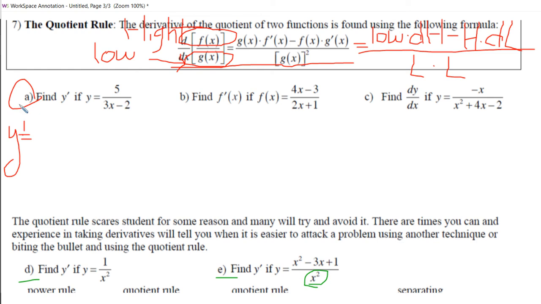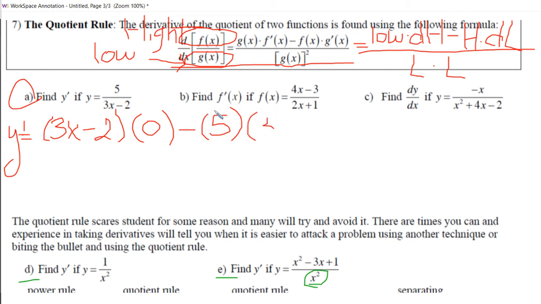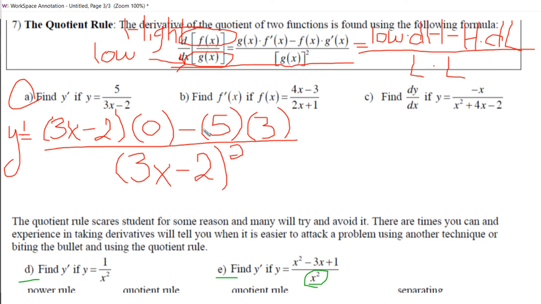So we're going to have low, which is 3x minus 2, times D high, which is the derivative of high, which will be 0, minus high D low, which is just 3, all over low low, which means I'm going to write low twice. So low D high minus high D low all over low low.